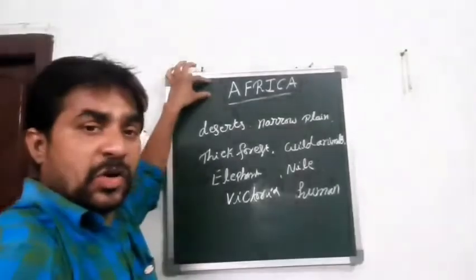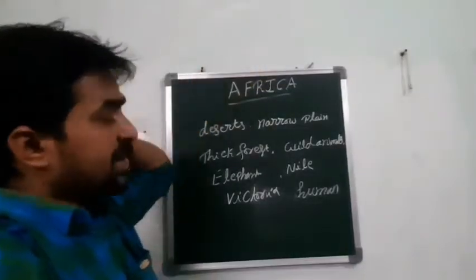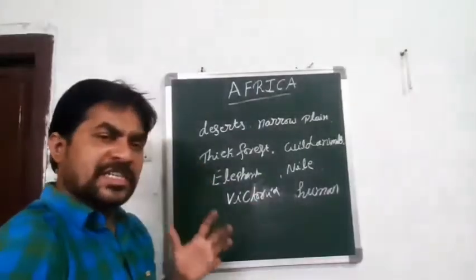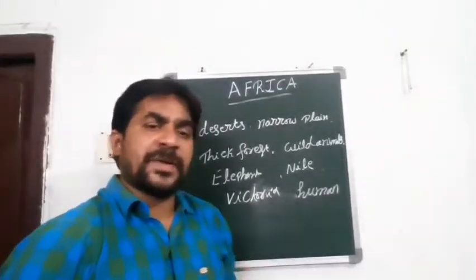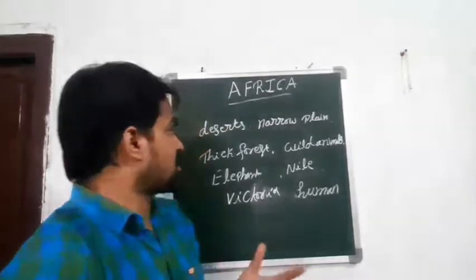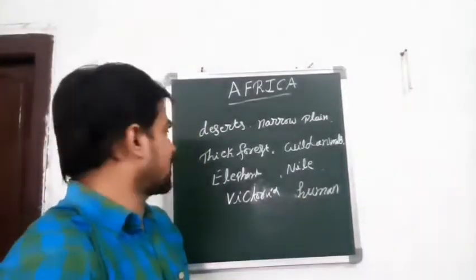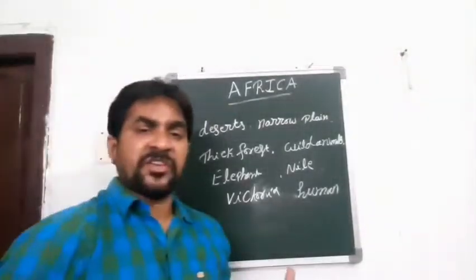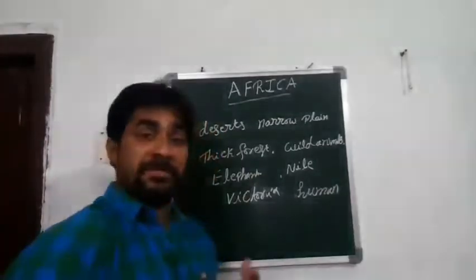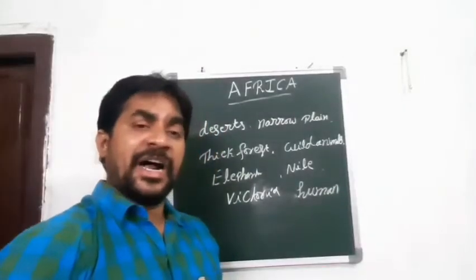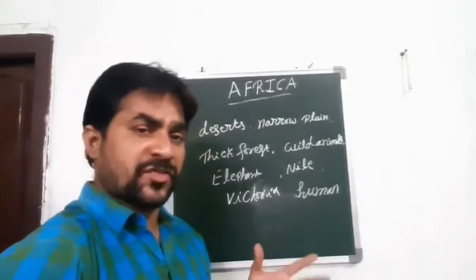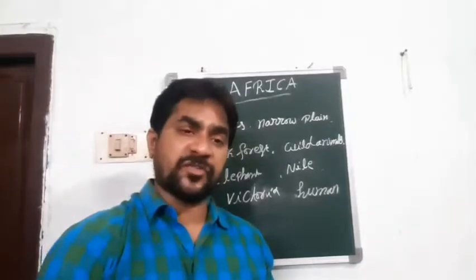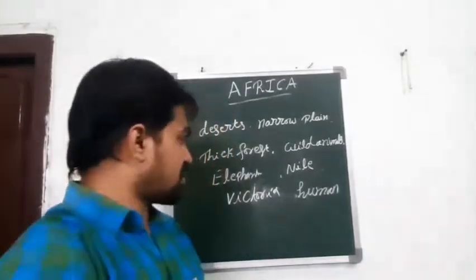Africa is one of the continents, and this continent lies on the western side of India, and this continent has the biggest desert and also narrow plains and thick forest and different types of wild animals like the biggest elephants. And the Nile River also flows from this continent, and one of the largest freshwater lakes, Lake Victoria, is also found here.